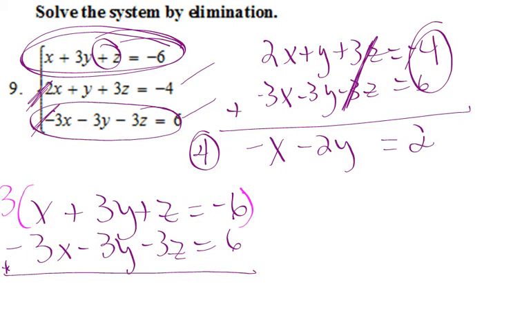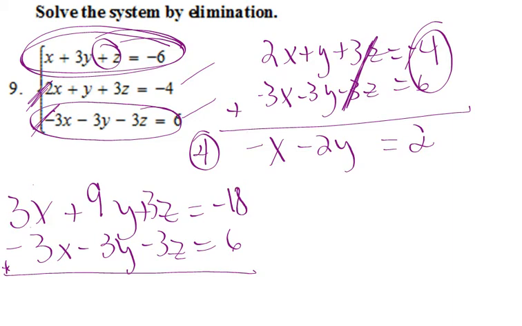When I do that, I get 3x plus 3 times 3 is 9y plus 3z equals negative 6 times 3 is negative 18.